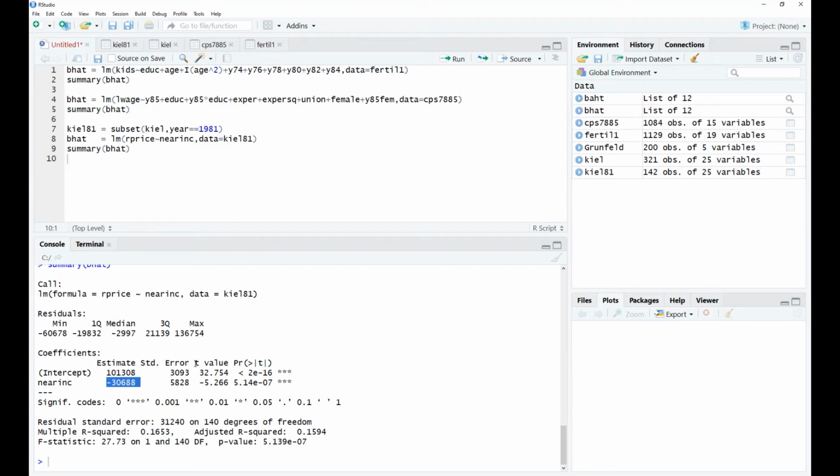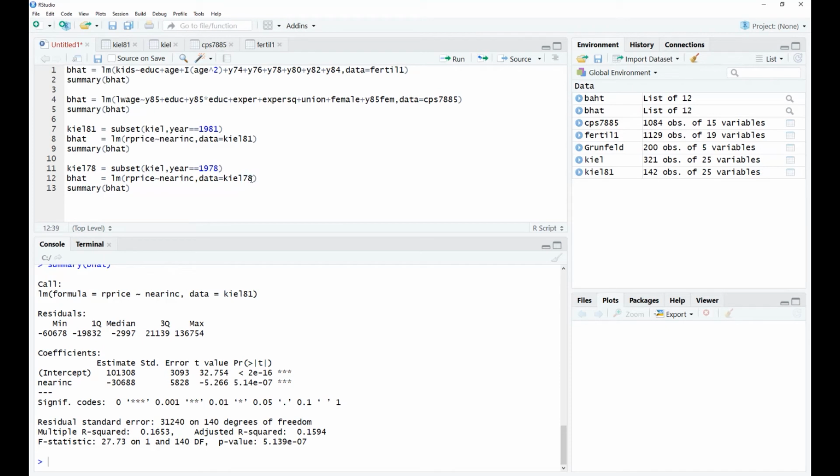What you could say is that the incinerator in this case had a negative impact and decreased home values by almost $31,000. Now let us repeat this exercise. Let us repeat it with data for 1978. So here we simply change 81 to 78.